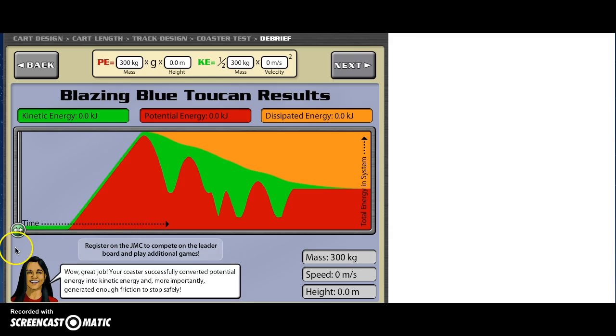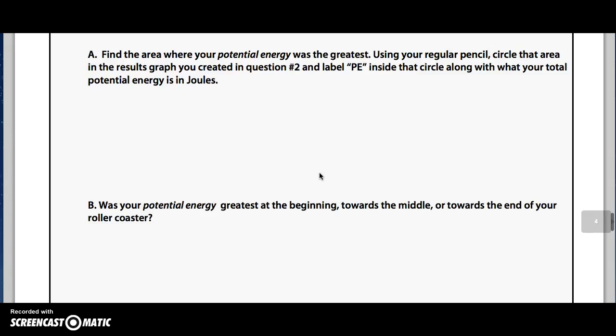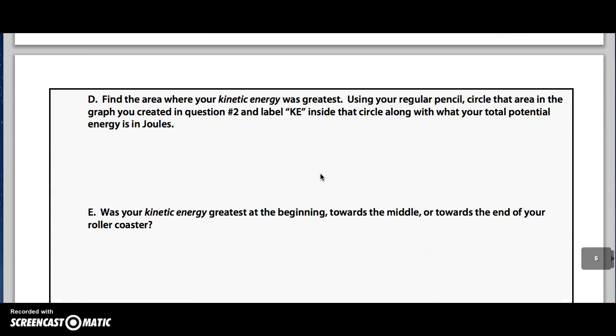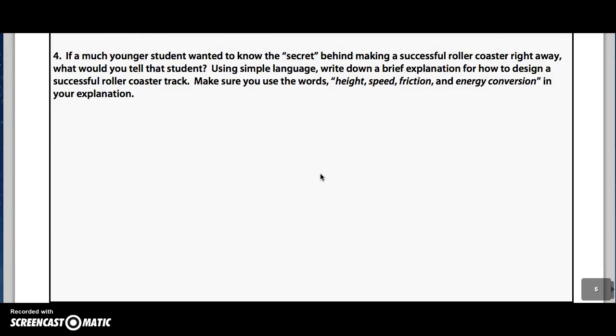Once again, you can see I can move this slider across, and as I do that, all my numbers are changing. These 3 numbers are changing, and my mass, speed, and height are changing as well. You're going to use that slider to help answer A through G. And finally, number 4 asks you to think about giving a hint, like let's say a 4th grader came in and was having trouble, what would you give them as a secret behind making the roller coaster successful?